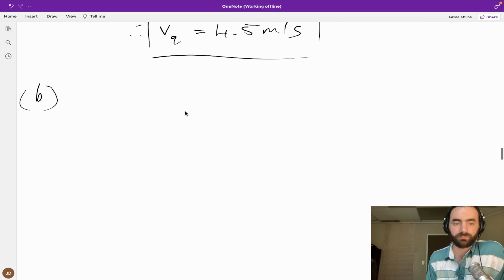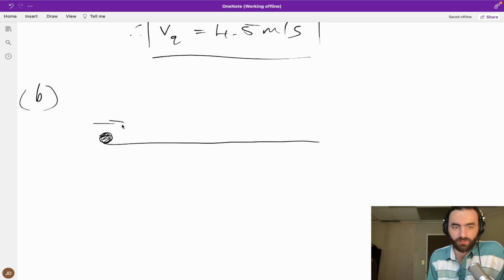Okay, so now it's saying that this surface is rough, and it has a frictional coefficient mu, which we want to find. P is moving at 5 meters per second at the bottom of the slope, and it's going to experience this frictional force.